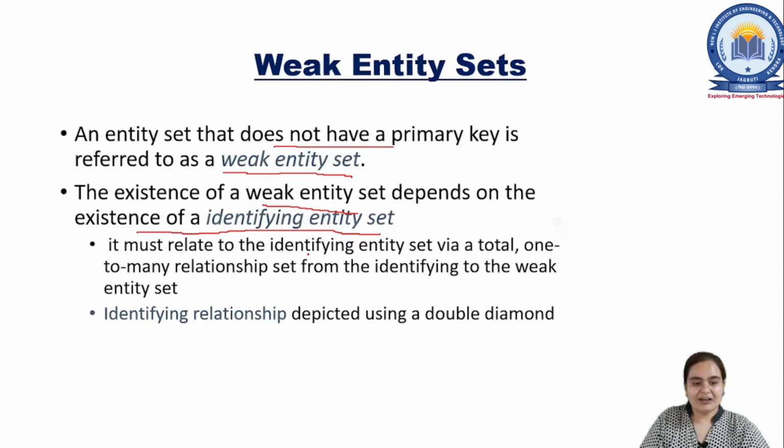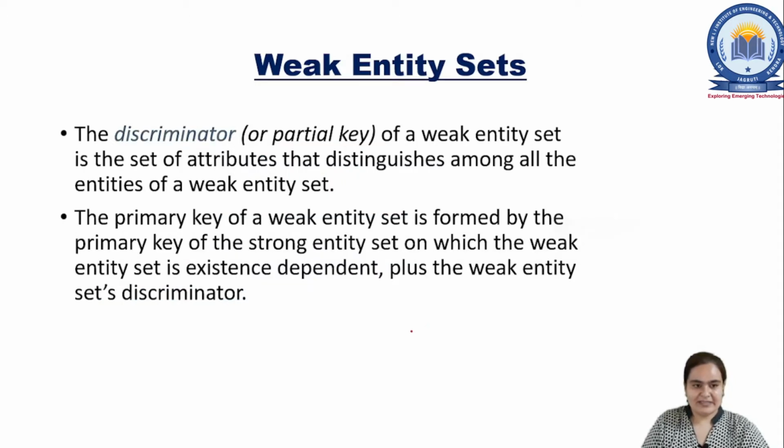It must relate to the identifying entity set via a total one-to-many relationship set from the identifying entity set to the weak entity set. The identifying relationship is depicted by a diamond, a double diamond more precisely.